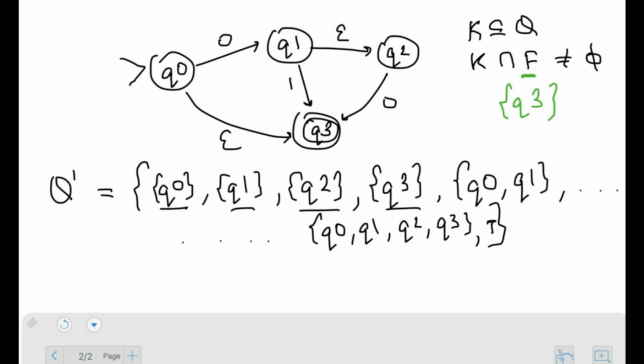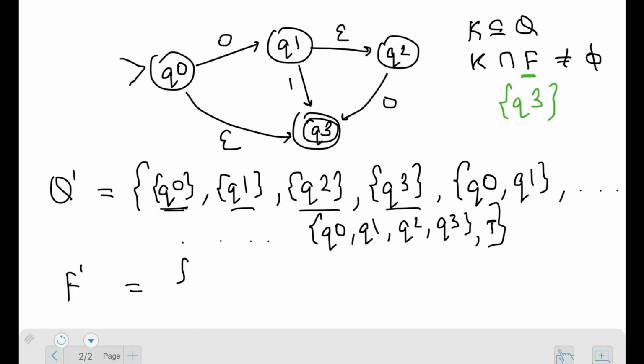So I need to check whether for the first one, let's say I have Q0. Is Q0 intersection Q3 not equal to phi? No, it is equal to phi, because they don't have any state in common. Is Q1 intersection Q3 phi? Yes, it is. So once again, this not equals phi is not satisfied, so I won't have that as my final state. What I will have as my final state, however, is Q3 itself.